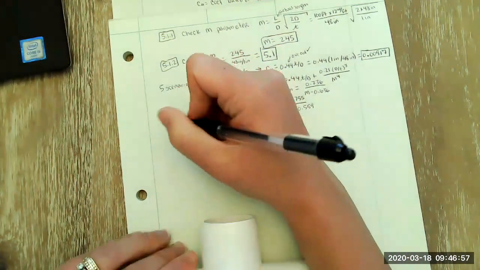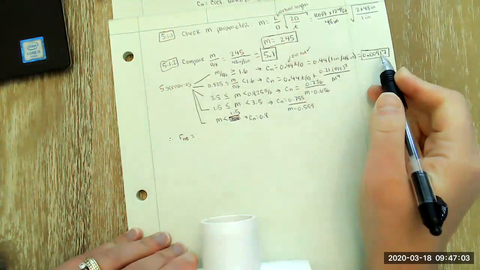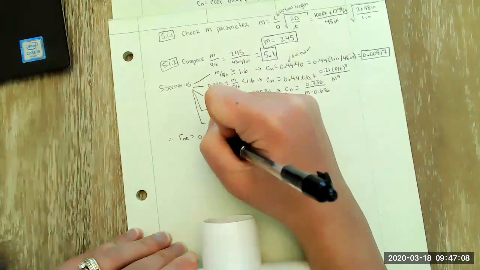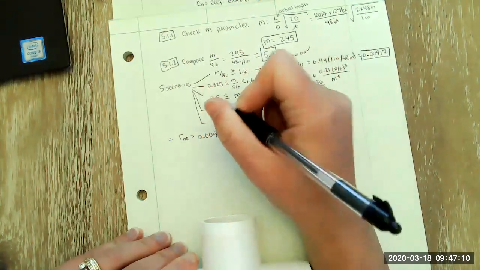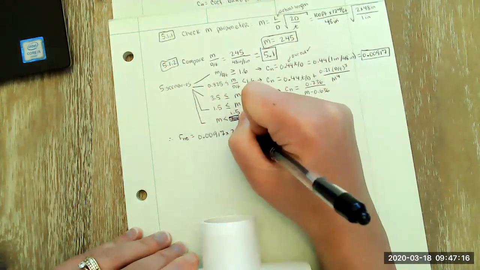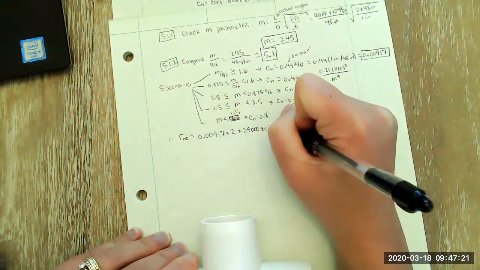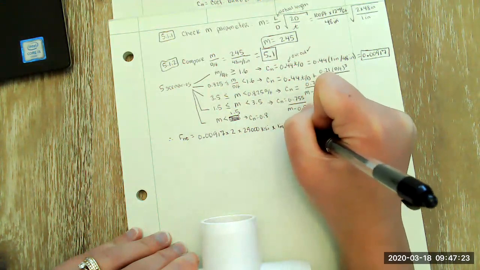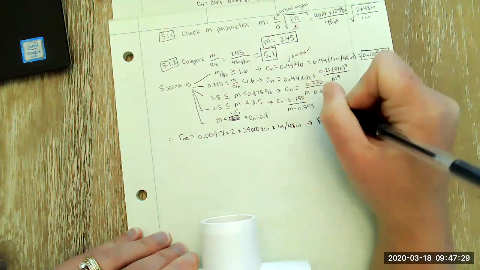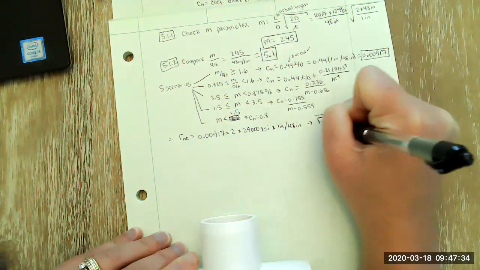Plugging in numbers, we can say, therefore, F sub HE is equal to our hoop coefficient, 0.00917, times 2, so 2 times C sub H, times 29,000 KSI, times 1 inch over 48 inches, or F sub HE is equal to 11.08 kips per square inch.